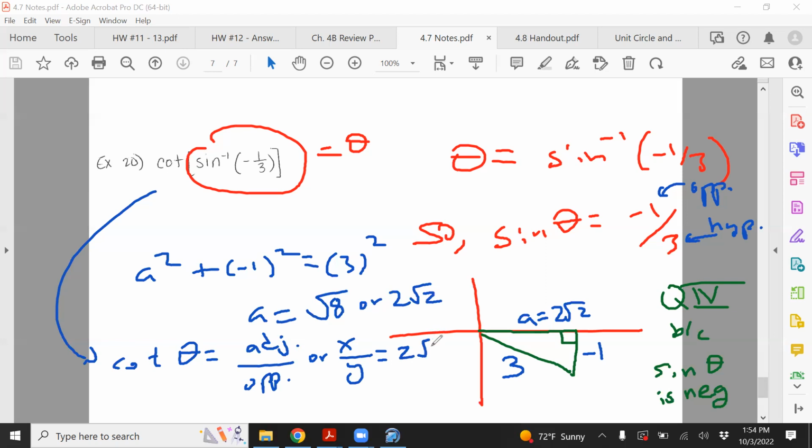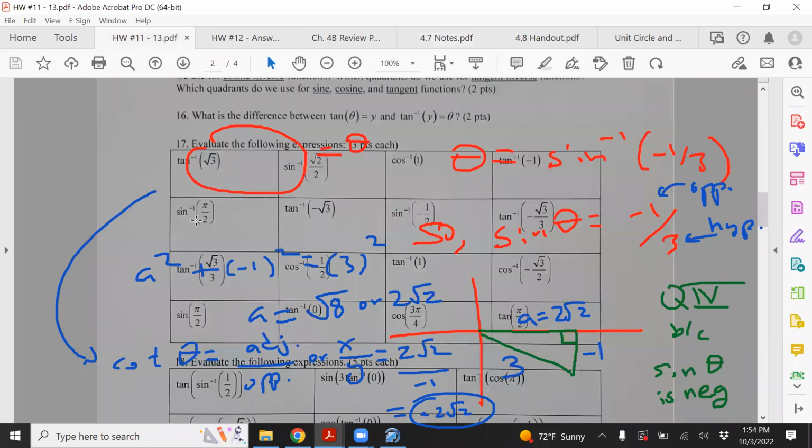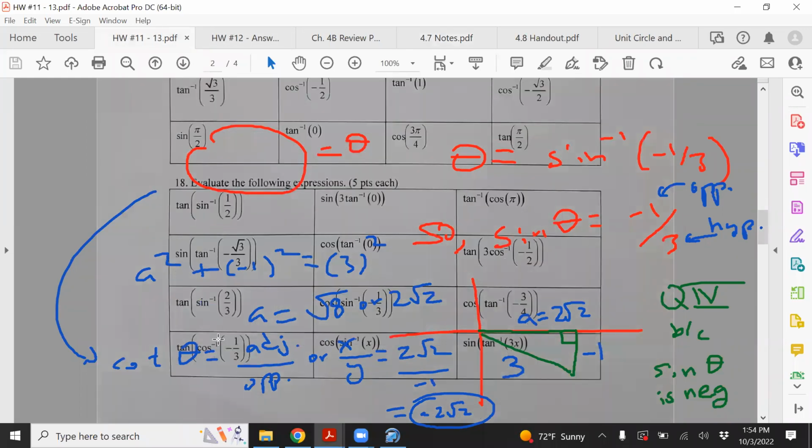Yep, 2√2 over -1, which is -2√2. So you'll have plenty of practice on the new homework. This table, number 18, I'm going to have you guys do because you need that practice.